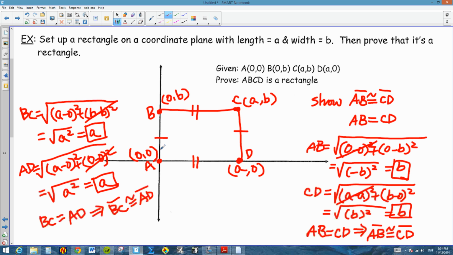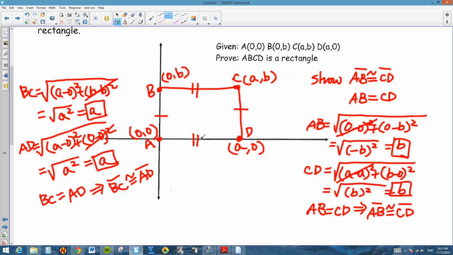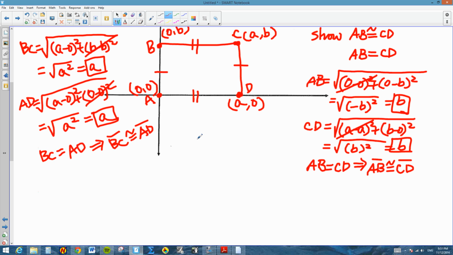So what's left is that we need to prove this angle is 90 degrees. To do so, we have to prove their slopes are opposite reciprocals. So let's move down. How do you find slope? Let me use another color. Find slope.